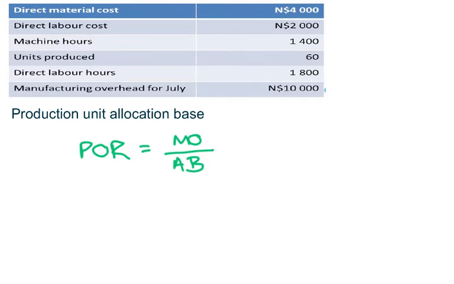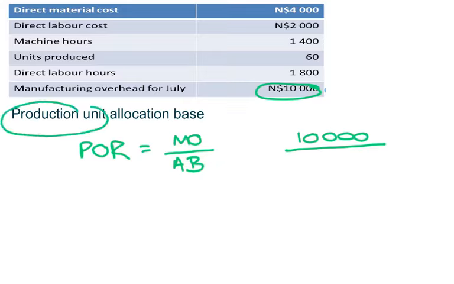All right, so if we look at the production unit, so we are saying we will allocate all the manufacturing overheads based on the numbers of units produced. So now we will take our total manufacturing overhead, which is 10,000 in this example, divided by my allocation base. And my allocation base in this example is production units, and there I can see I produced 60 units.